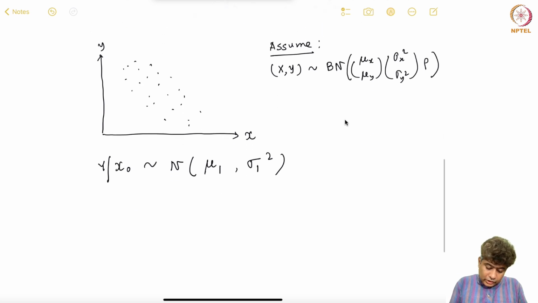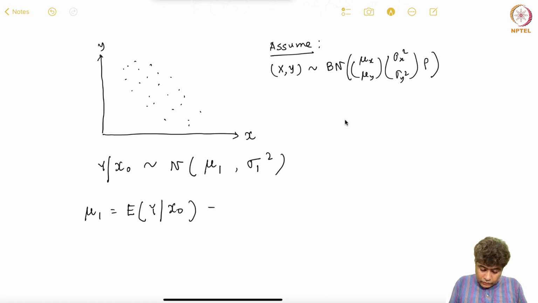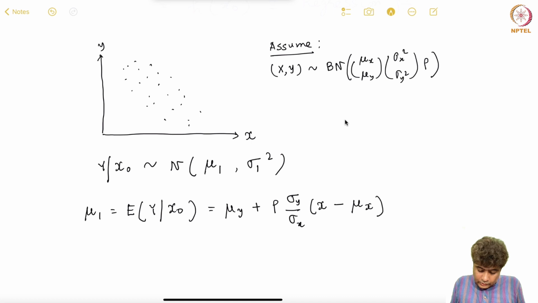Now what is this conditional mu 1? Mu 1 is the expected value of y given x naught, which turns out to be mu y plus rho times sigma y by sigma x times (x minus mu x).